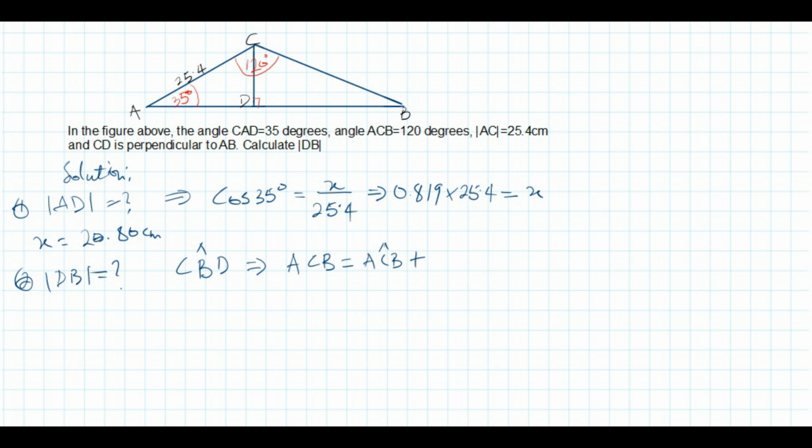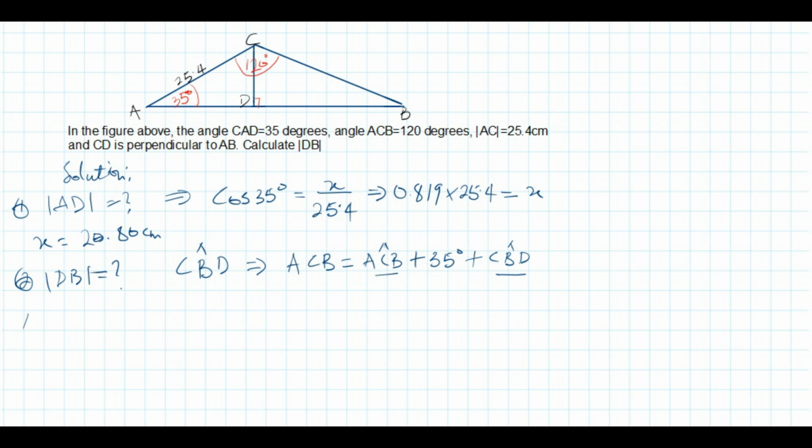So we have angle C plus angle 35 degrees plus angle CBD. Now we don't know our angle B, but we know our angle ACB.